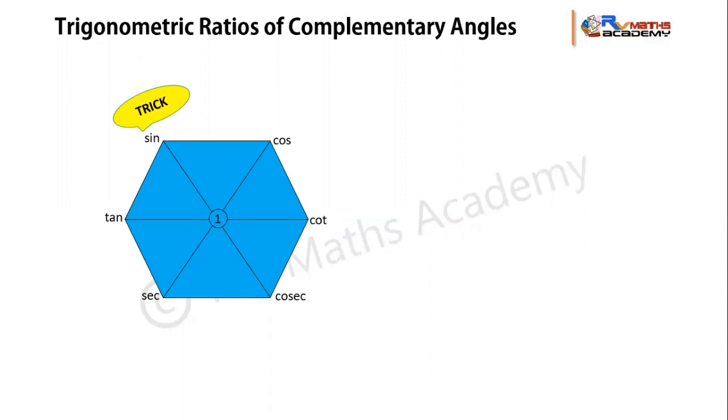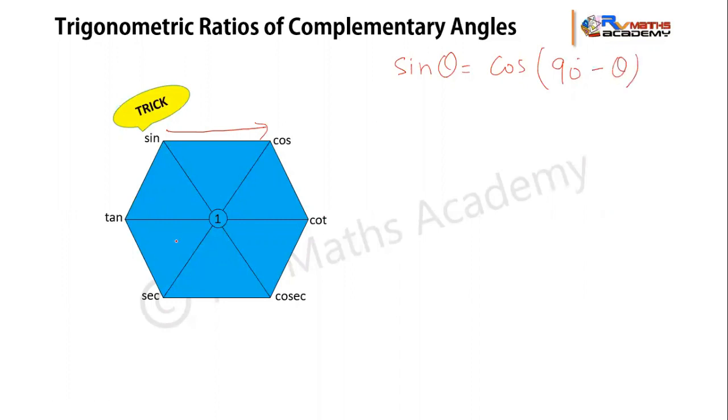Now what we have to do, first we just put an arrow in this direction. So what does this arrow represent? This arrow represents sine of angle theta is equal to cos of complement of this angle. Complement of this angle means 90 degree minus theta.